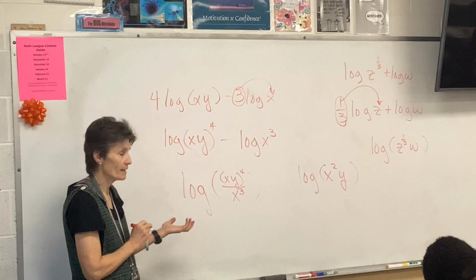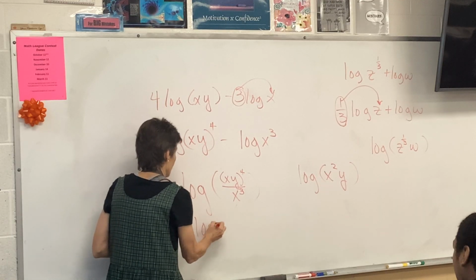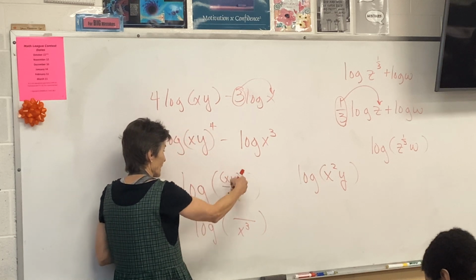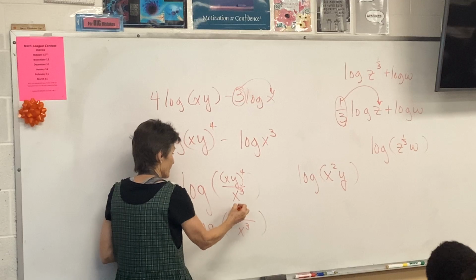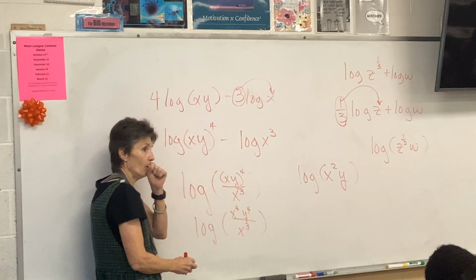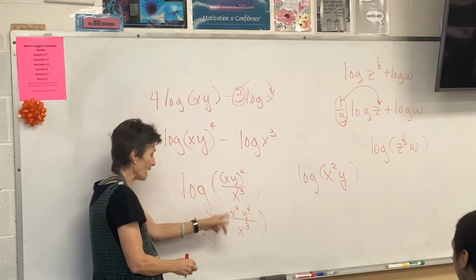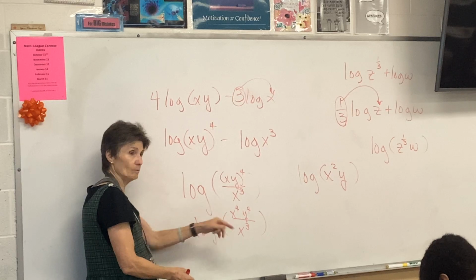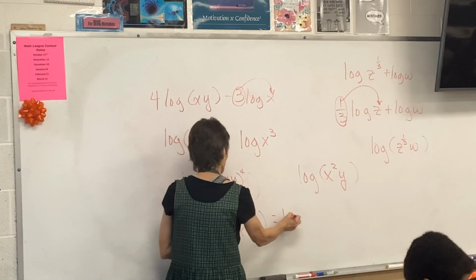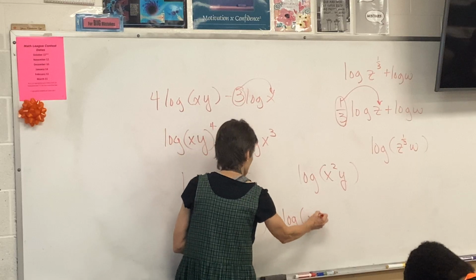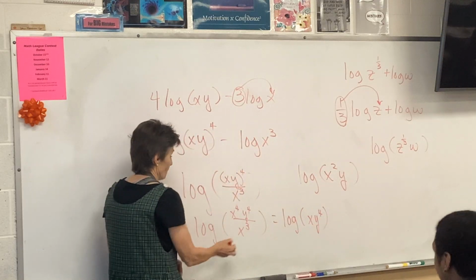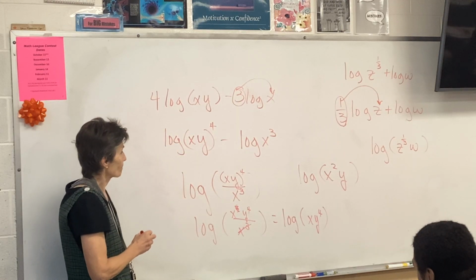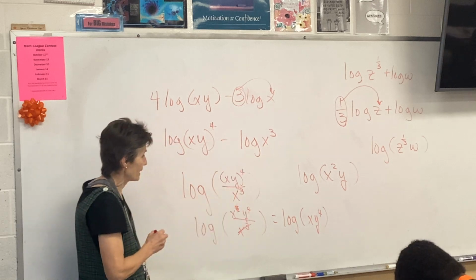This actually simplifies. What's that numerator? If you distribute that exponent, what is that? X to the fourth, y to the fourth. And what happens there? Can't we cancel? So our final answer, this one involves a little bit more, is log xy to the fourth, because those are gonna cancel with those. So it is a division, but we were able to cancel.